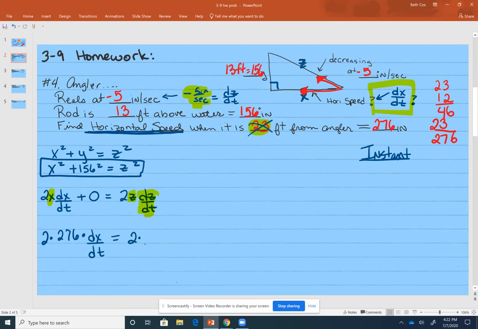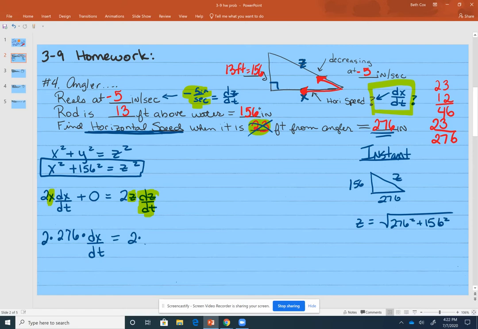Now the z we don't know. The z at the instant when our x is 276. When our x is 276, our y is 156, but our z we don't know. So at this instant, we've got to do this little Pythagorean theorem here. And we're going to have the square root of 276 squared plus 156 squared.